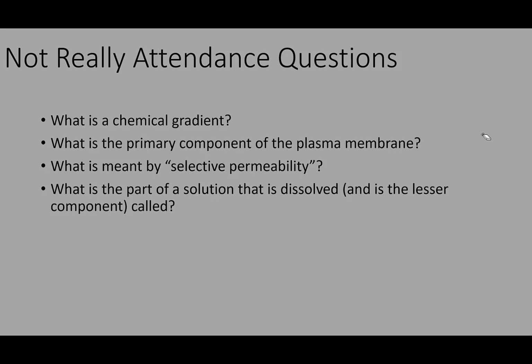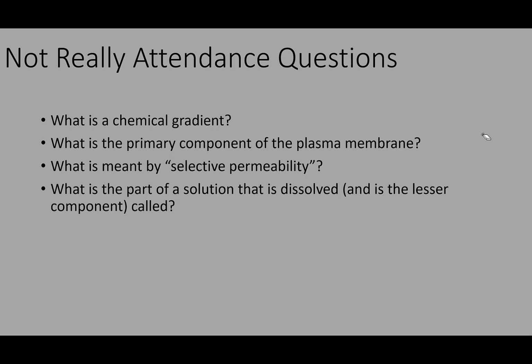Next, what is meant by selective permeability? We say that the phospholipid membrane, the phospholipid bilayer, the cell membrane, however we want to refer to it, is selectively permeable. So what does selective permeability mean? Well, we need to keep things inside the cell that need to stay in. We need to keep things outside the cell that need to stay out. But there are some things inside the cell that need to be able to get out.